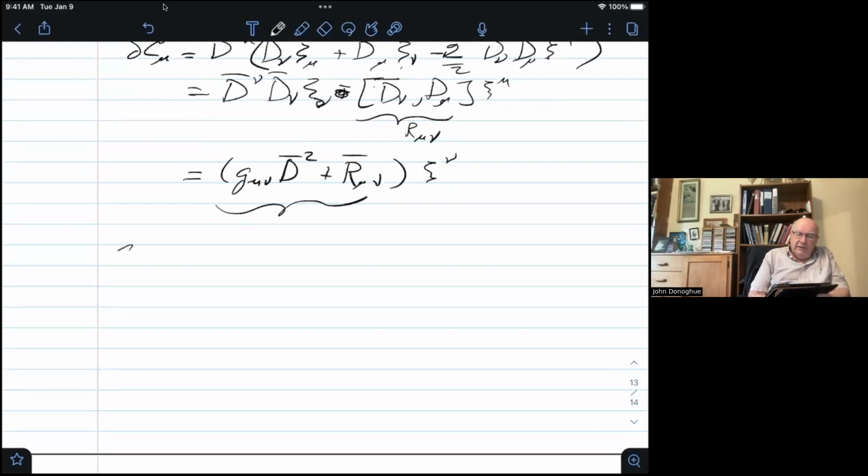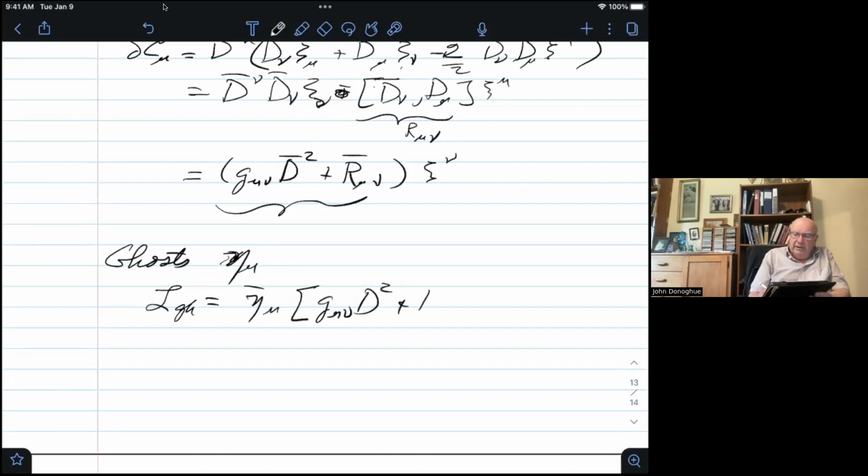The ghosts, let's call them eta mu, and the ghost Lagrangian is eta bar mu g mu nu d squared plus r mu nu eta nu. It's basically this factor. It gives us the ghost Lagrangian.